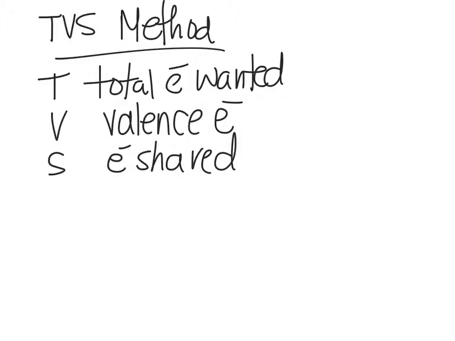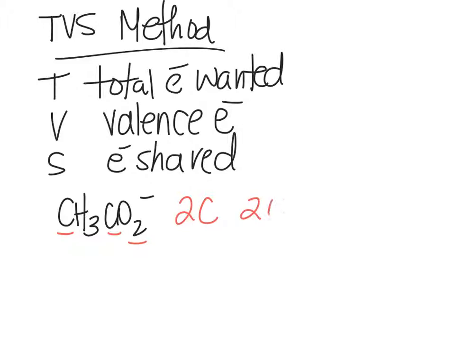Okay, so if we did the acetate ion again, CH3CO2 negative. We've got 2 carbons, 2 oxygens, and 3 hydrogens, and a negative charge. So for the total wanted, each carbon wants to be surrounded by 8 electrons. So 2 times 8 is 16. Carbon wants 16.